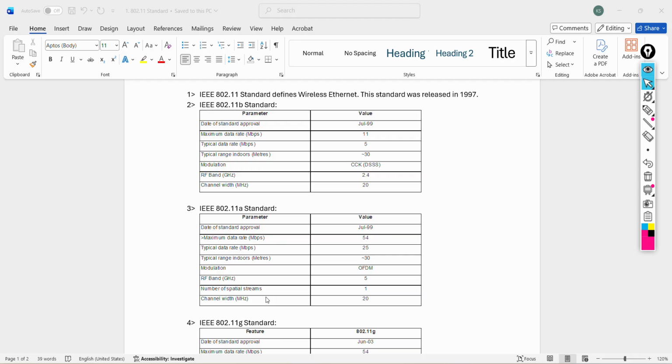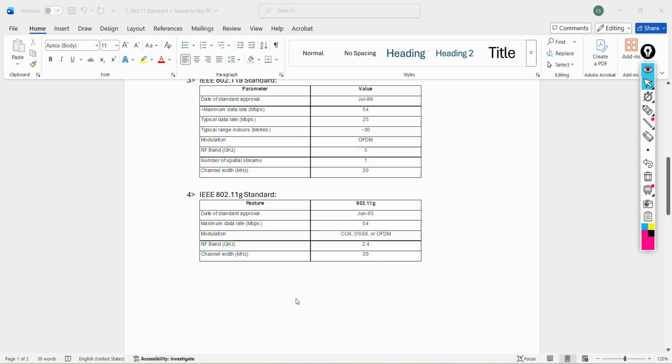We will come to channel width later in this course. A single channel width is 20 megahertz, two channels become 40 megahertz, four channels become 80 megahertz, and eight channels become 160 megahertz. We will discuss it later in this course.